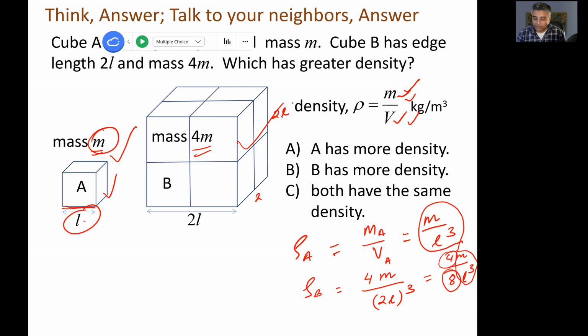So if it can pack more mass in the same volume, that means it's going to have more density. So you may be thinking, okay, there is just M, this is 4 times. Yes, mass is 4 times, but this volume is 8 times larger, see? 2 cubed means 8.